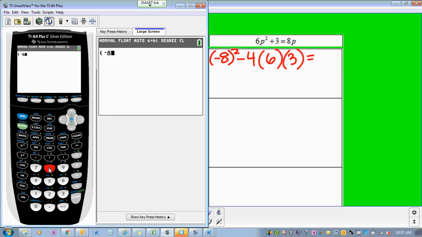Uh-oh. Did you put -8 in parentheses? Squared minus 4 times A times C. Parentheses, guys. Kevin, did you see where you... Okay. So you should have -8.